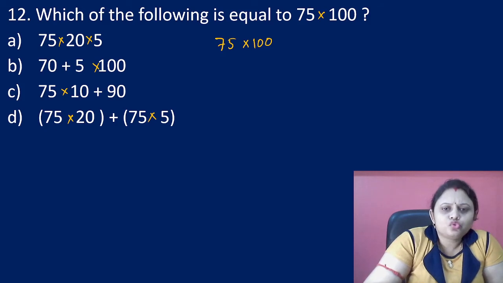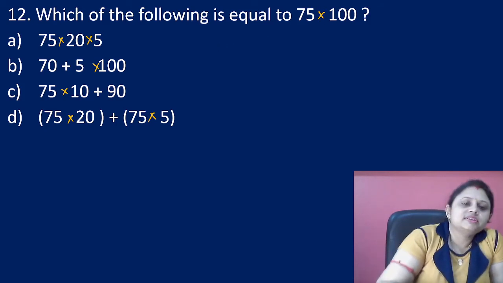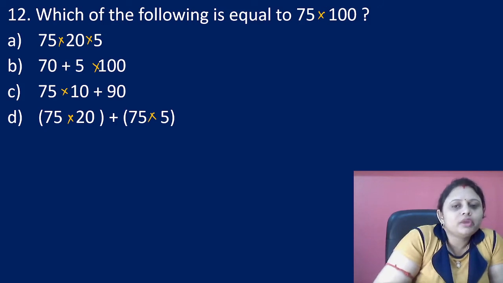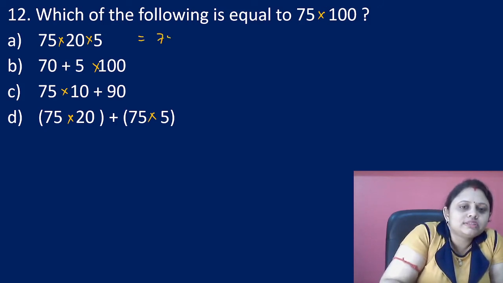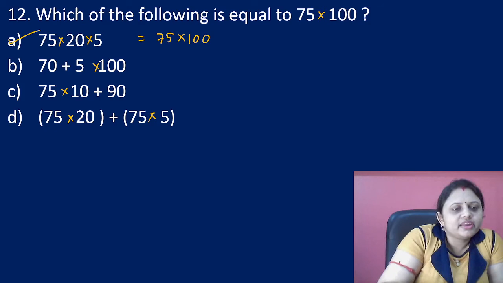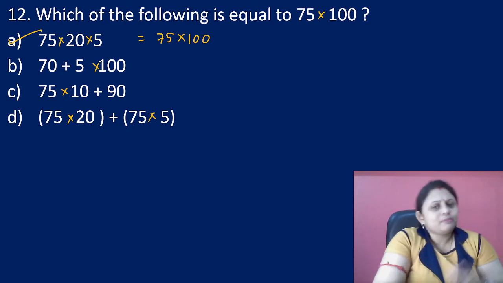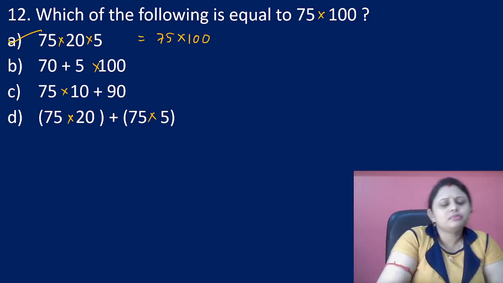So we will find it from the options. 75 into 20 into 5, how much is that? That is equal to 100. So option A is our correct option.